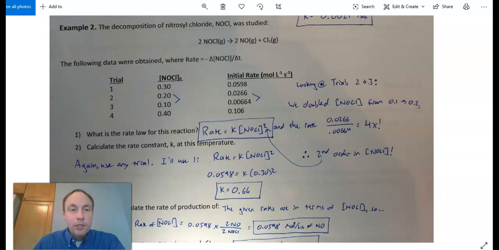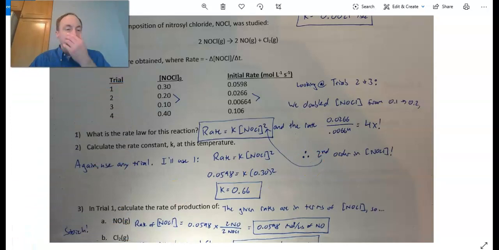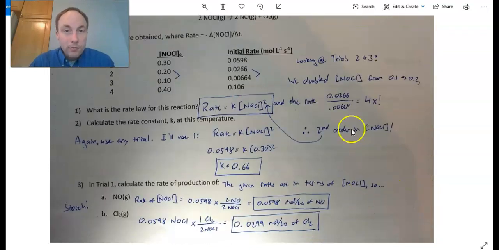The next part is just a reminder of the stoichiometry of things. If you notice in the table, it tells you the rate in terms of NOCl that was used up, decomposed. That's what they defined up here. If you wanted to, you could define the rate of the reaction in terms of the NO that was formed or the Cl2 that was formed, since they're products. And to do that, it's just stoichiometry.